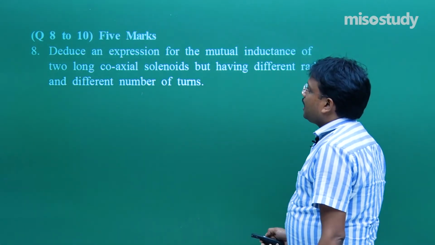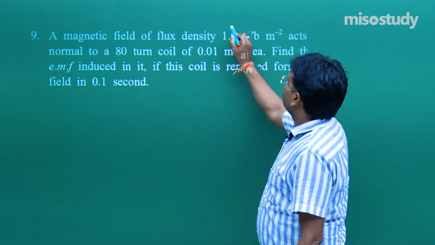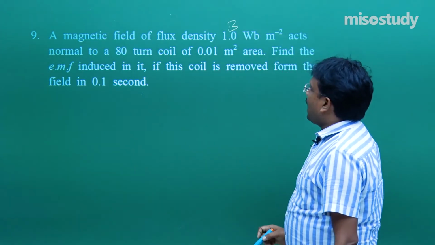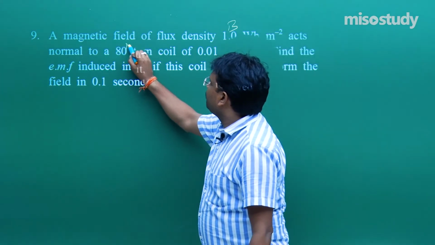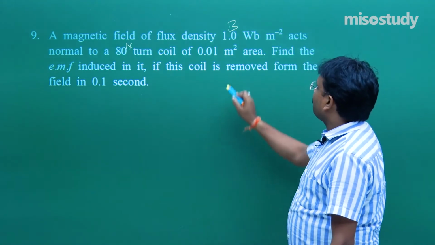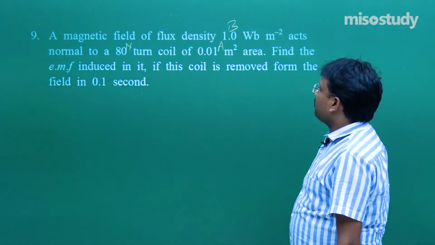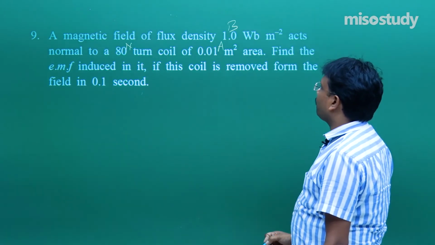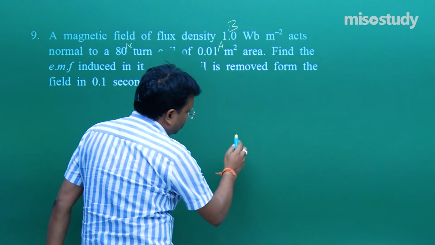Now, question number 9. A magnetic field of flux density B acts normal to an 80 turn coil of area 0.10, and this is a basic numerical. Find the EMF induced in it if this coil is removed from the field in 0.1 second. So, very simple question.